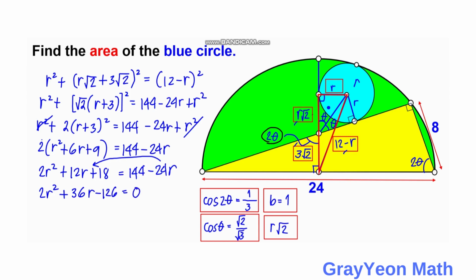If we divide all by 2, or multiply all by 1 half, we have here R squared plus 18R minus 126 divided by 2, which is 63, is equal to 0.